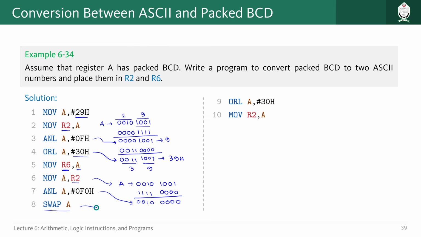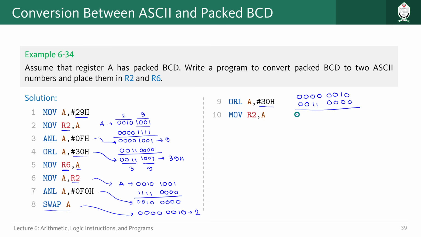That's why we have this swap, and if I swap, it will just become 0 0 0 0, then 0 0 1 0. This is the value, and this is the correct unpacked representation of 2. We just have to ORL 30H with that, so like that. So this value, let us write that again: 0 0 0 0 0 0 1 0, then 30H: 0 0 1 1 0 0 0 0.